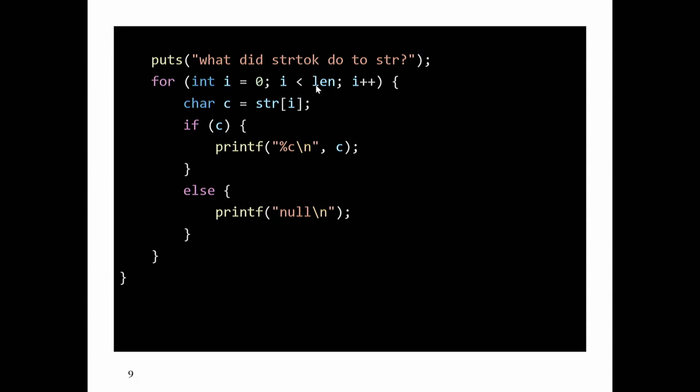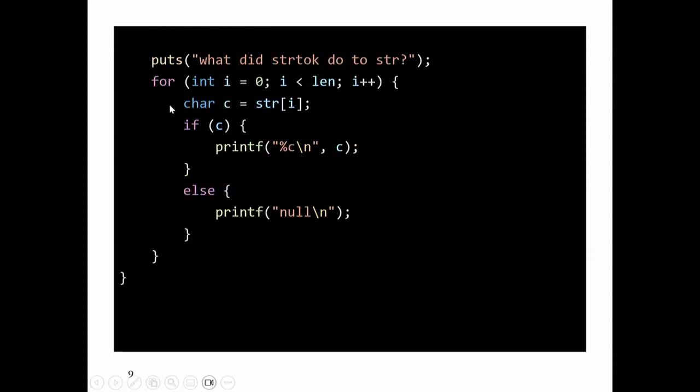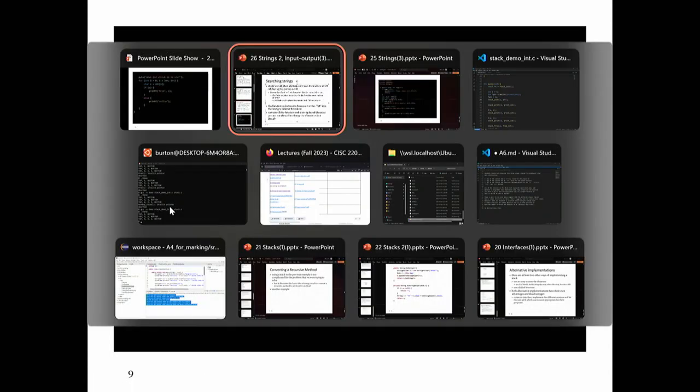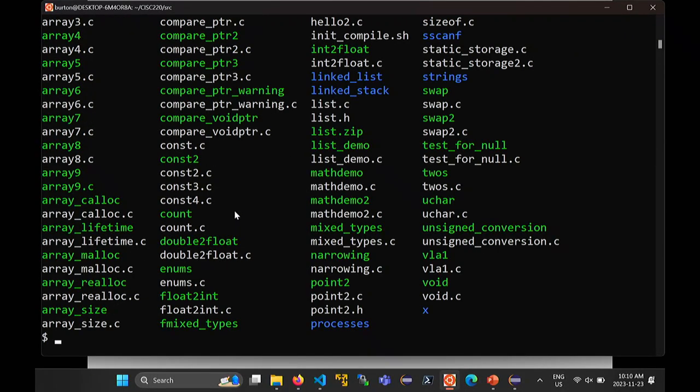I have the length of the string from back here, so I actually know the length of the original string, and I can safely write a loop that processes every character in the string. I didn't look for this before the lecture, so let me hopefully find the program.